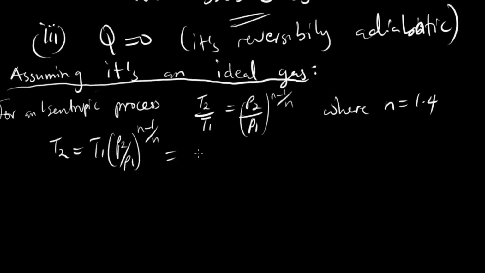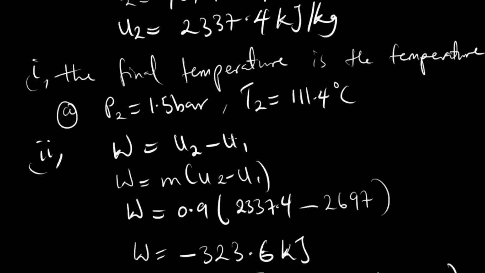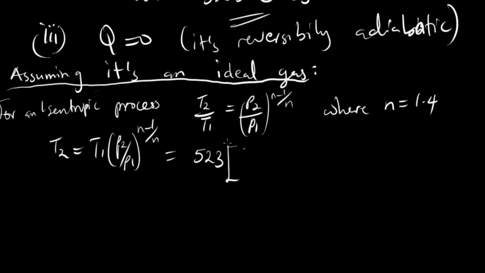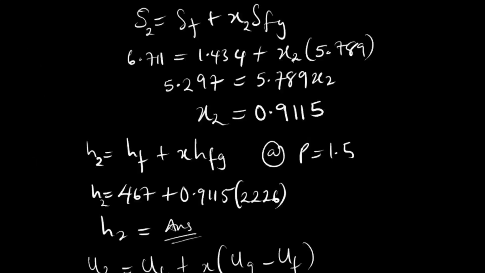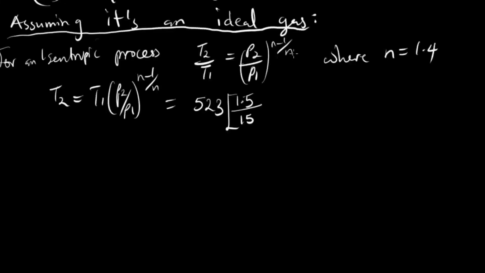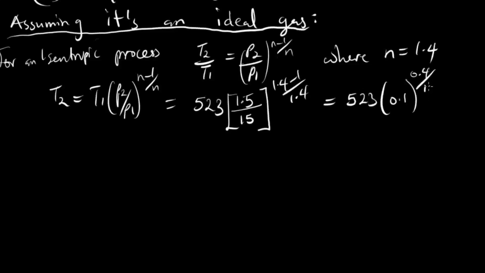T1 is 523, P2 is 1.5, and P1 is 15. So we have 523 times 0.1 raised to the power 0.4 over 1.4.